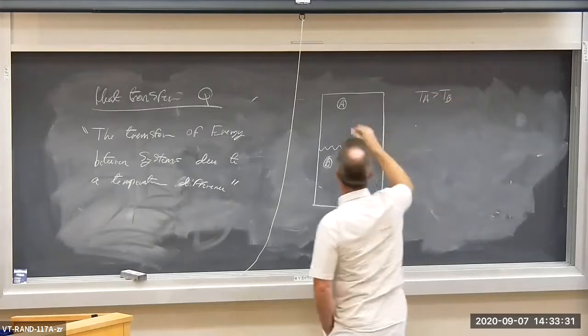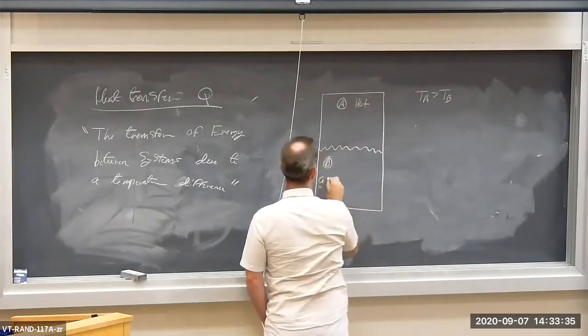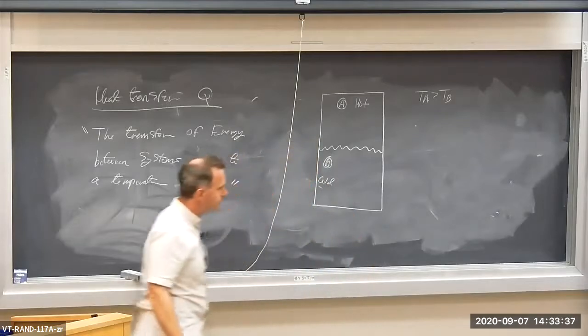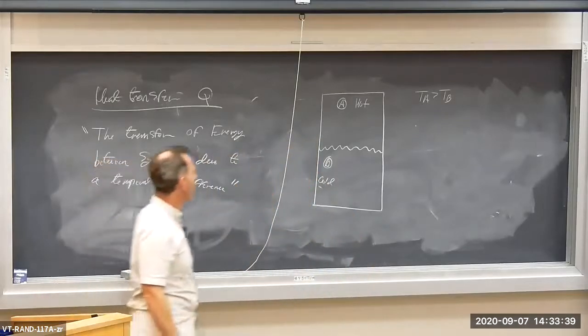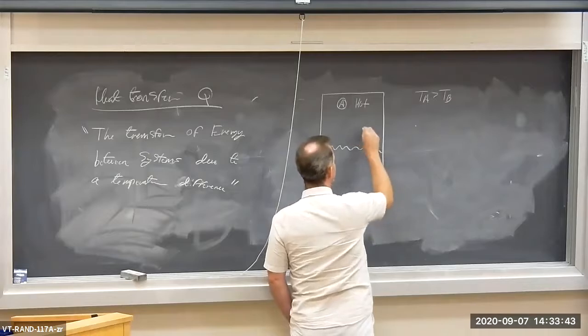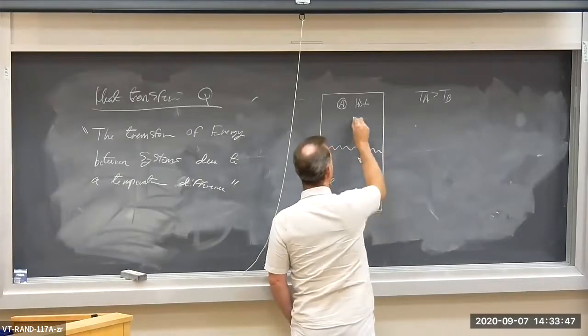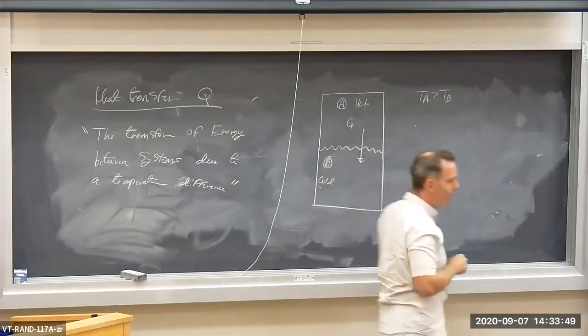So this is the hot bar, and this is the cold bar, okay? As a result of the temperature difference here, heat is going to be transferred from the hot to the cold bar. So we have heat transfer.